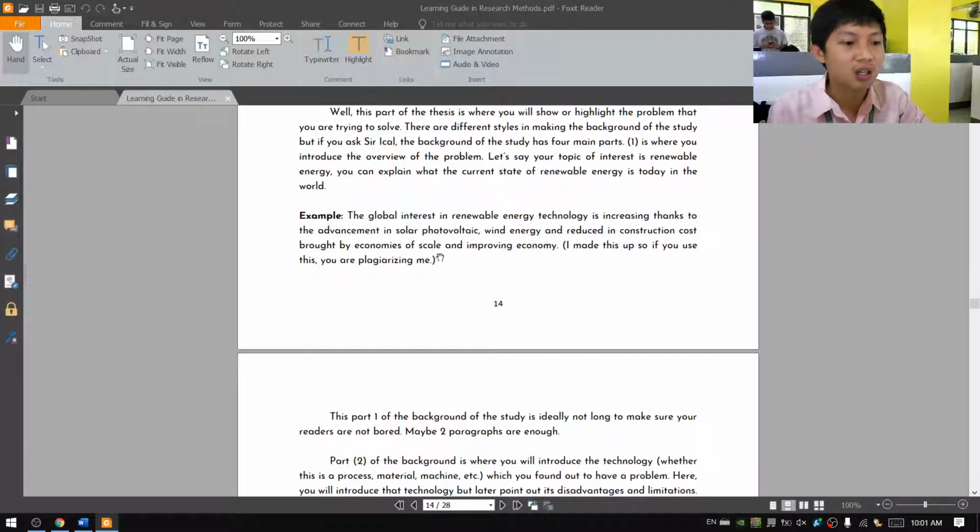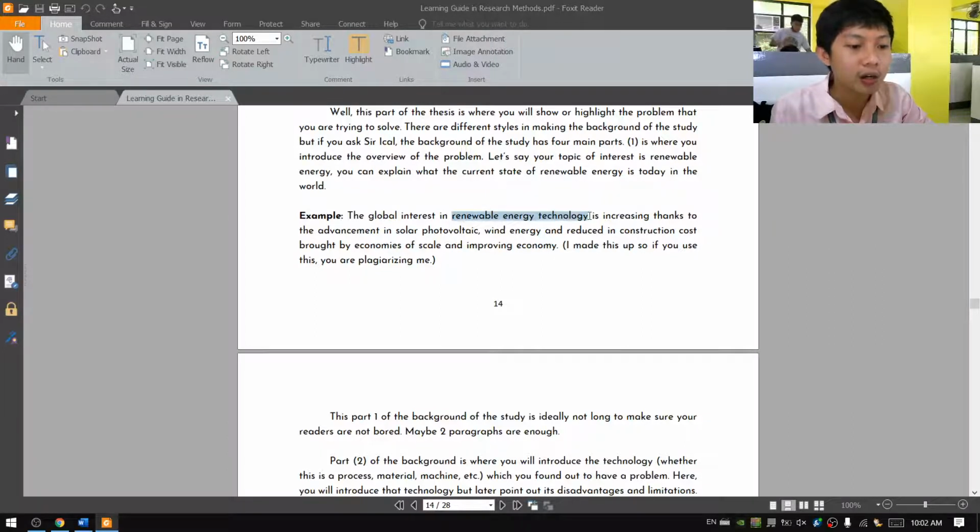Okay, so here's an example: the global interest in renewable energy technology is increasing thanks to the advancement in solar photovoltaic, wind energy, and reduced construction costs, both brought by economies of scale and an improving economy. What is the first sentence all about? It's about the growing interest of the world in renewable energy.